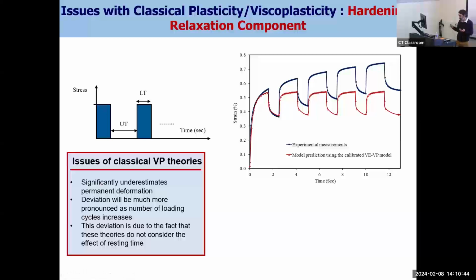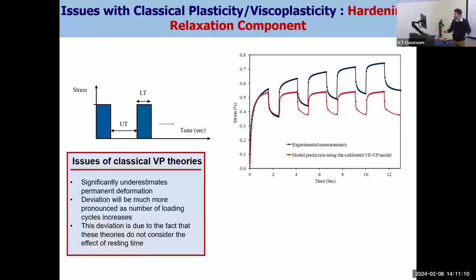So for this sort of test, and we have a lot of this when we run traffic over our pavement, we can simulate it, very similar to creep recovery, and just continue it in a repeated manner. So it significantly underestimates permanent deformation. The deviation will be much more pronounced as we increase the number of loading cycles.